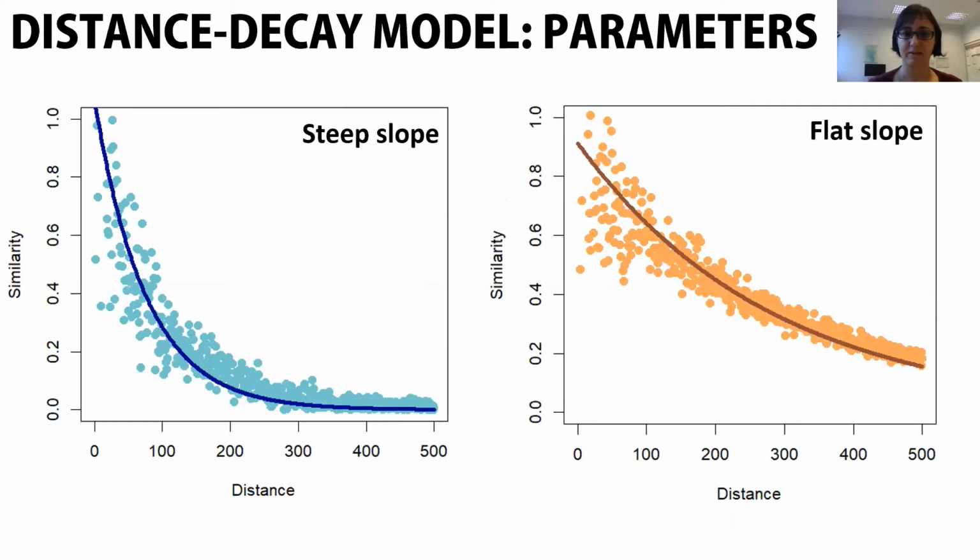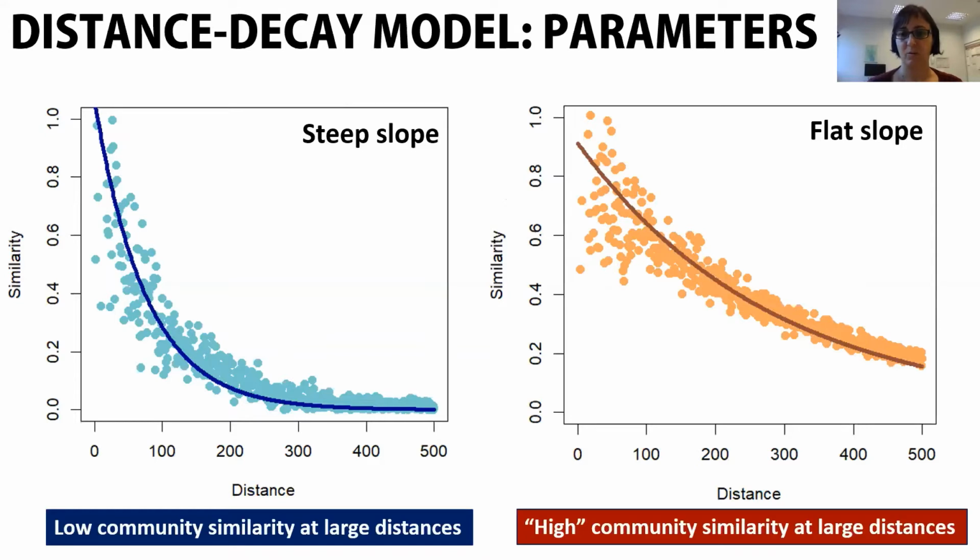In the blue one, we have a steep slope. We can see that when spatial distances are quite long, the similarity is low, while this is not the case in the other one, and we have high community similarity at large distances.